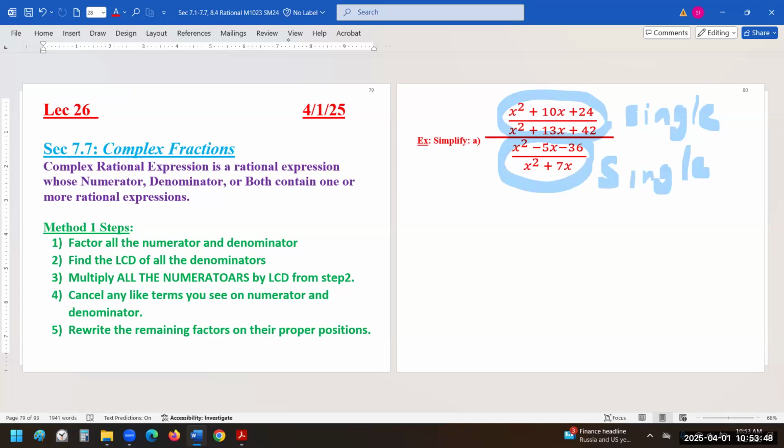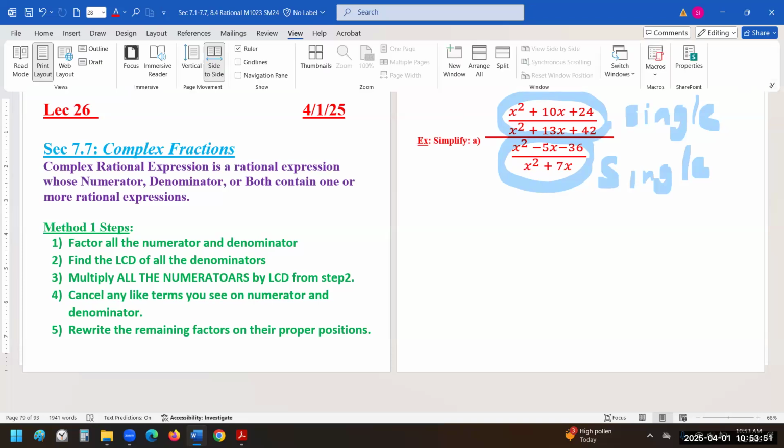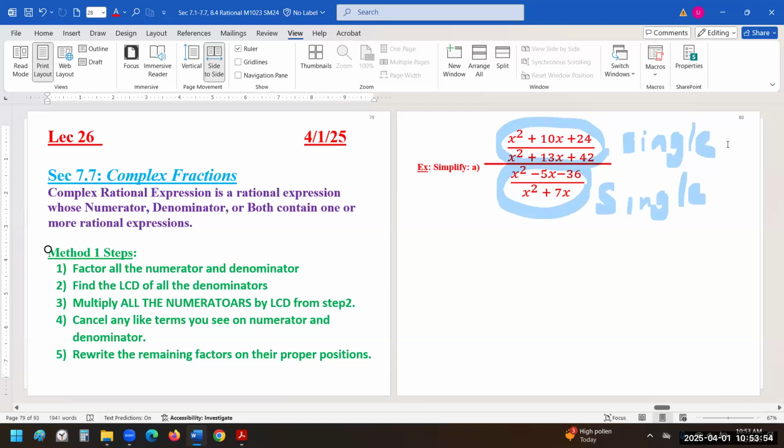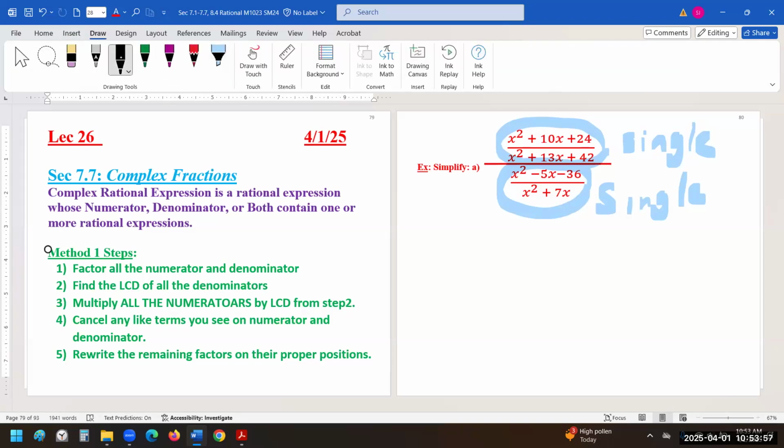If you have a single fraction divided by a single fraction, you can do keep, change, flip, because there's only one fraction on the top and only one fraction on the bottom. So keep, change, flip, and then we write not vertically but horizontally.